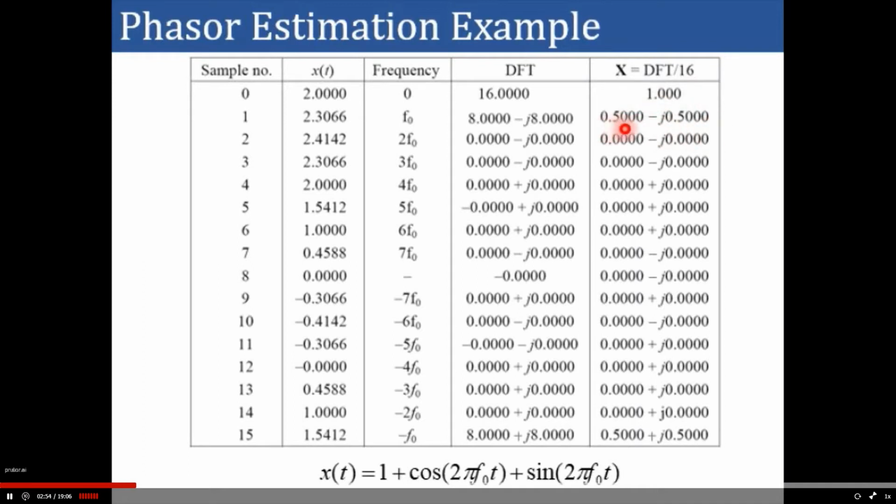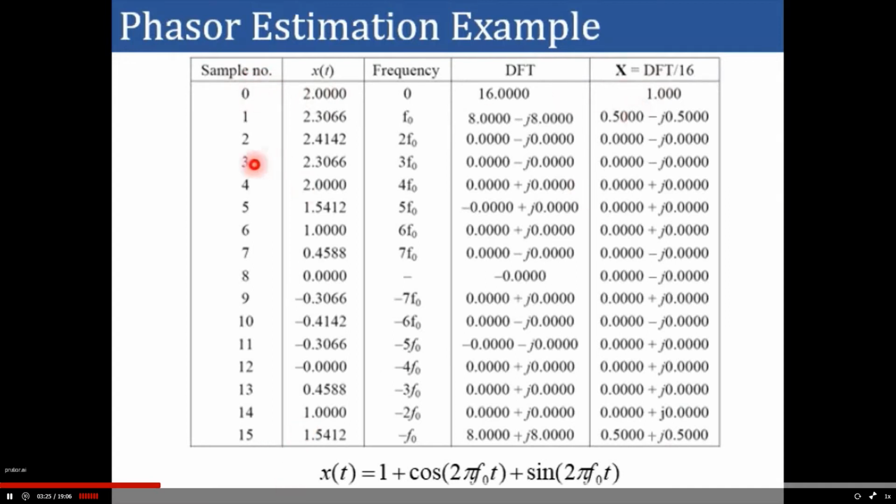So if you calculate, you will get a1 as 1 and b1 as 1. If you reconstruct, you will get the value of the signal, that is x(t) equal to 1 plus cos 2 pi f0 t plus sin 2 pi f0 t. The 1 is coming because of the DC component, which corresponds to the sample at time t equal to 0, that is the 0th sample.